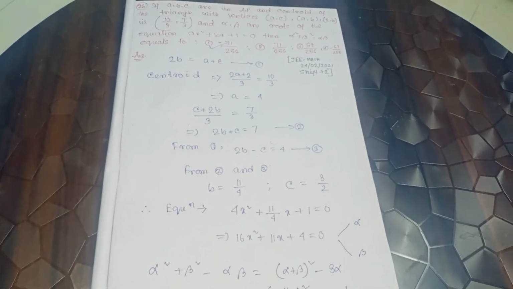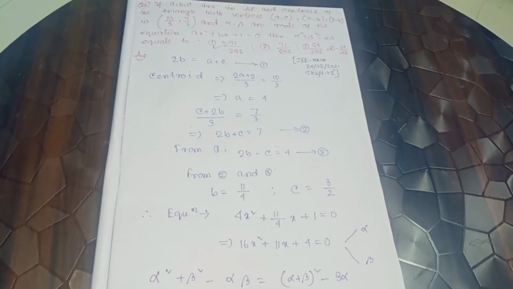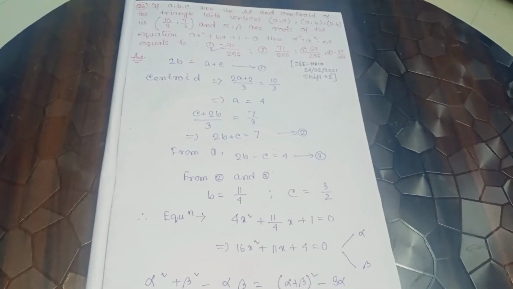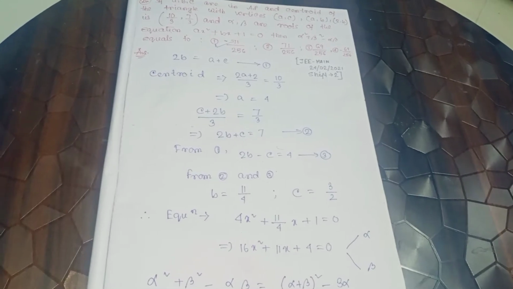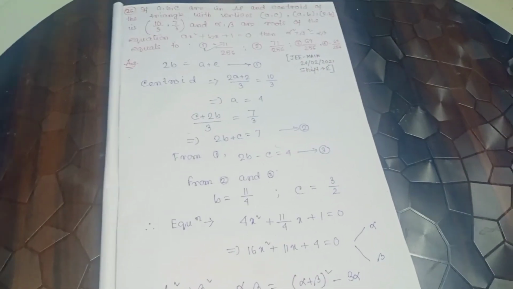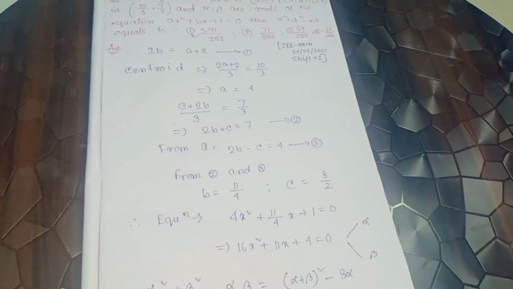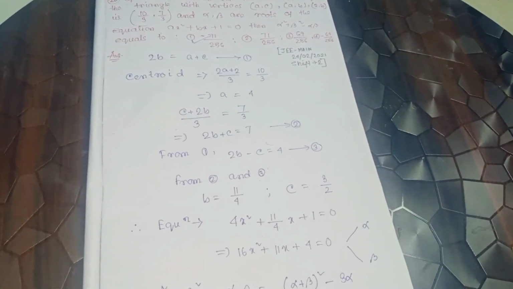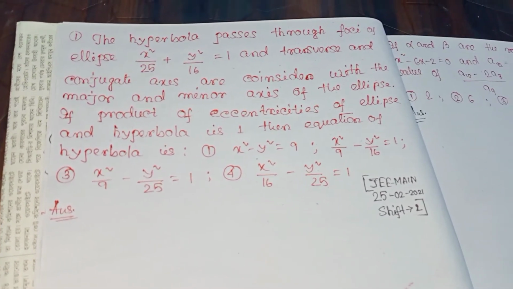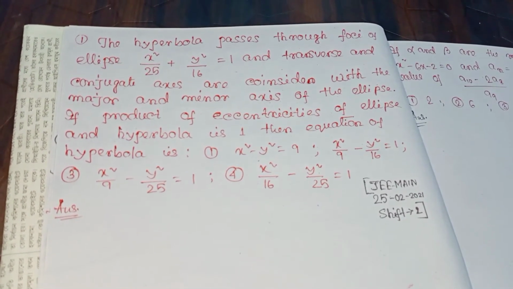Now moving to the 25th of February 2021 question. So it is the finishing question of shift 2, 24th of February. Now this is the first question of the 25th of February 2021 shift 2.